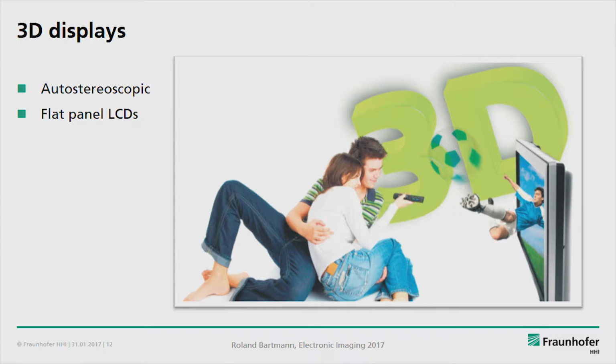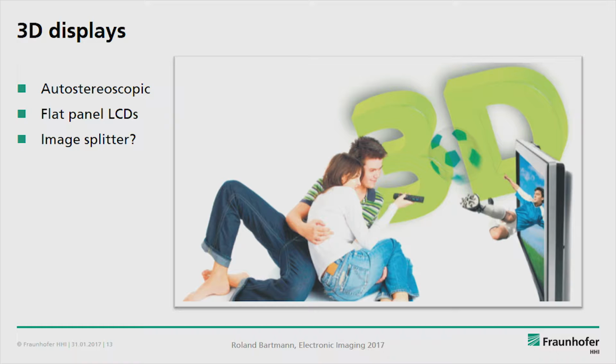Okay, so let's start with the 3D displays, commonly known for everyone here, I think. We are dealing with the autostereoscopic ones, glassless displays, flat panel-based, like you can see here. And what's the question about?